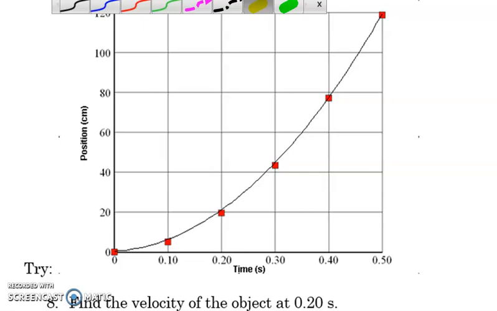The first one being find velocity of the object at 0.2 seconds given the position time graph. Try this one. Pause the video, and if you're not understanding, you're not getting the answer, ask your teacher.